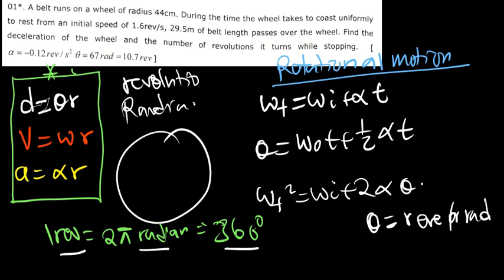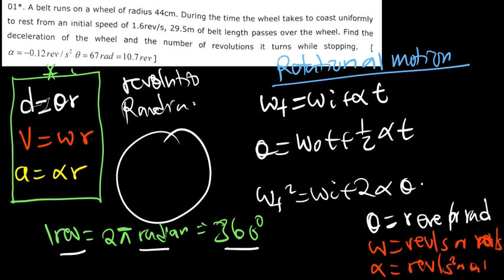And then the angular velocity is either revolution per second or rad per second. Then the angular acceleration is going to be revolution per second squared or rad per second squared. Does that make sense? I'm giving you the overview before we start solving this question.